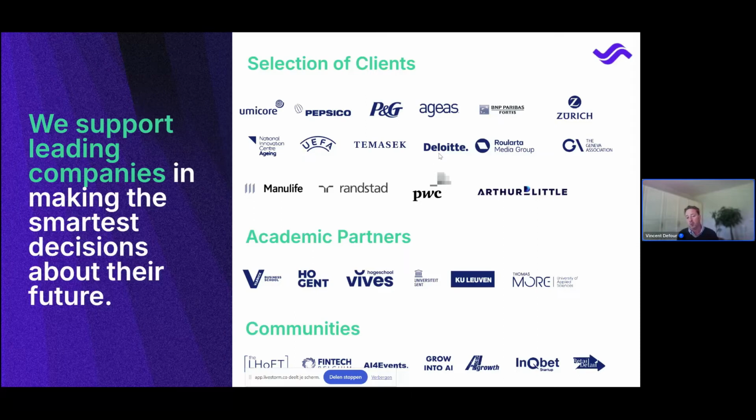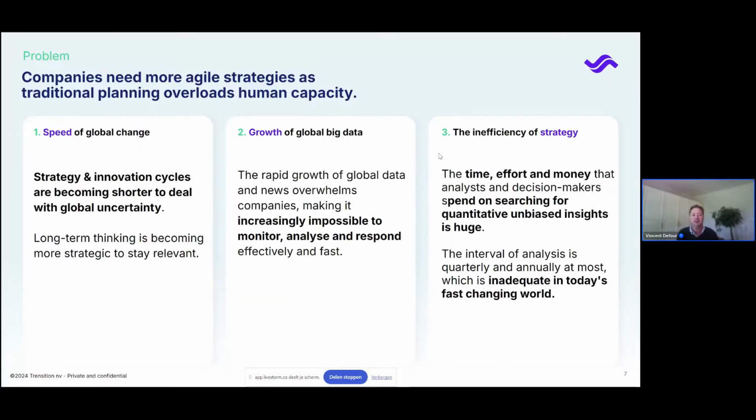Now, why can we work for these big companies? If we would have to say what are the challenges that they come to us with, and hopefully they can see that Trendtracker can alleviate some of their pains. It's basically that the world is changing fast, and companies understand that traditional strategic planning, set strategies on 3 years, 5 years, is actually not adequate anymore today. So what we see are three big challenges. The first one is the speed of global change, the strategy, the innovation cycles.